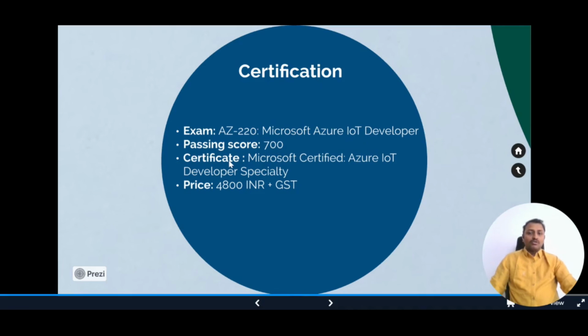By passing this exam, you get a certificate called Azure IoT Developer Specialty. Like many of the exams, it is priced at this level for India, that is 4,800 plus GST. I have planned to create a new video on AZ220 to discuss the syllabus and the topics covered in it. So stay tuned to this channel.